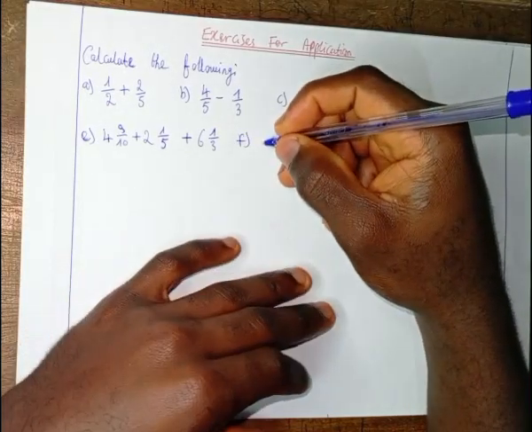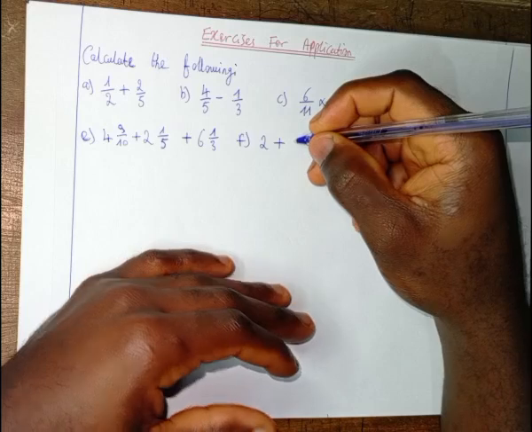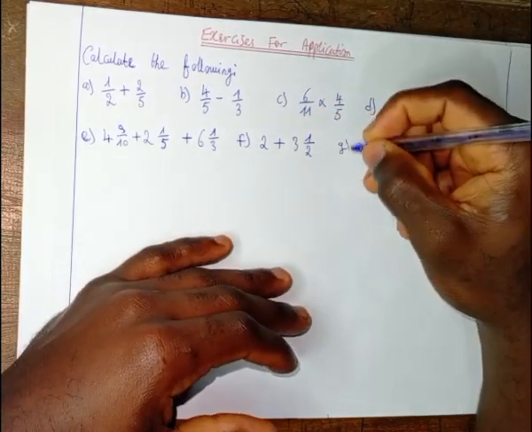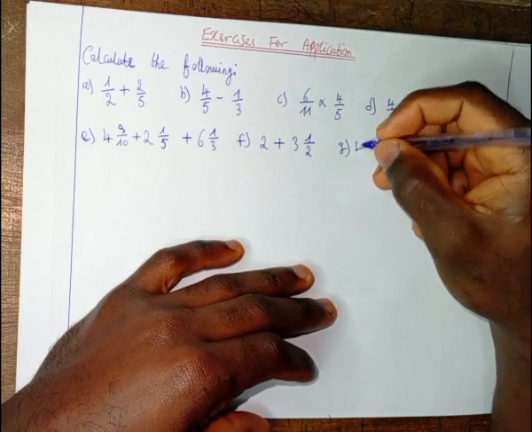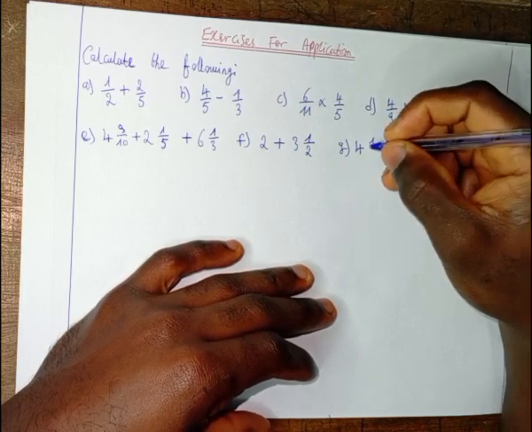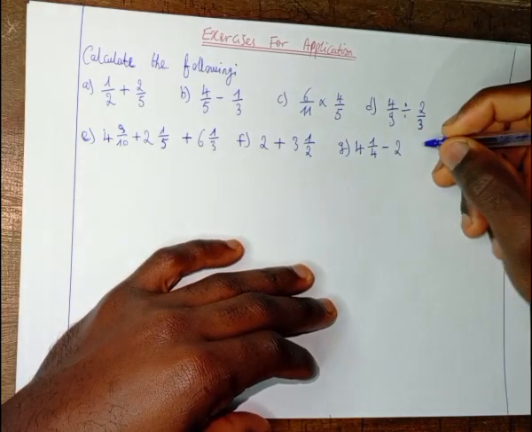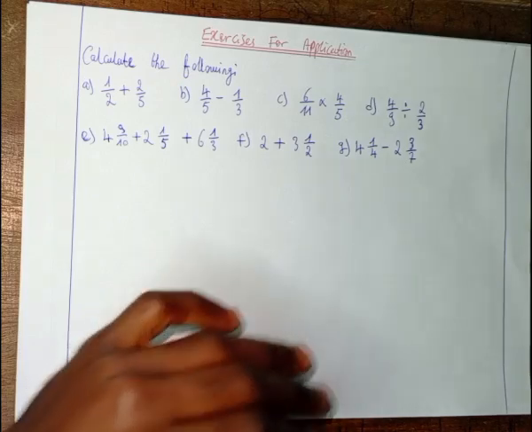F, we have 2 plus 3 and a half. G, we have 4 and 1/4 minus 2 and 3/7.